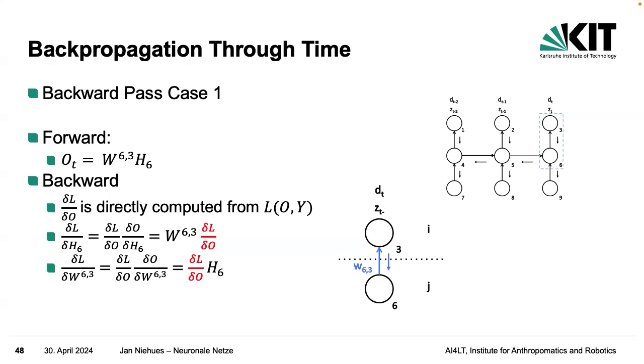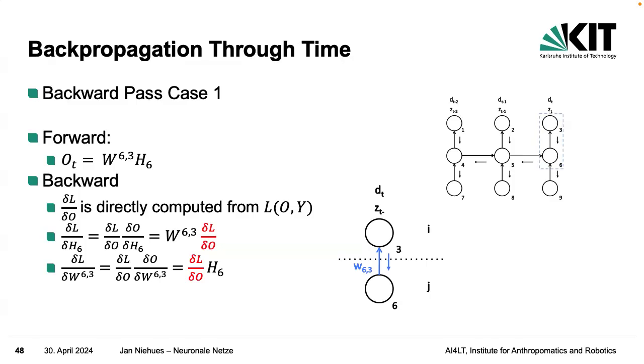Why do we also need the derivation with respect to H6? Anybody remember why that's important? I mean, we do not want to change our hidden state. We are calculating some type of loss and then taking the derivation of the loss towards the first output. That's the first step on the backward path.